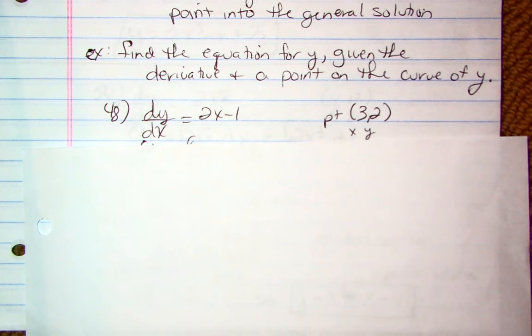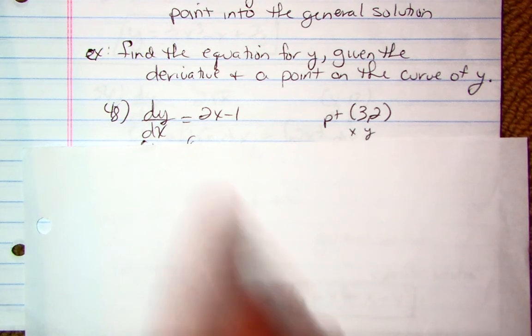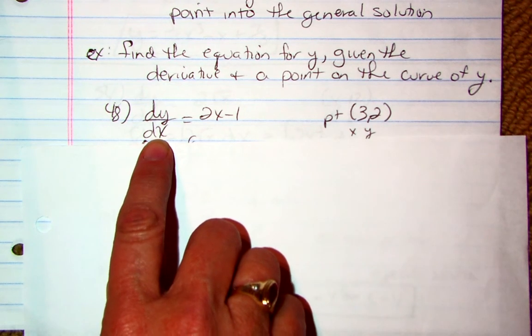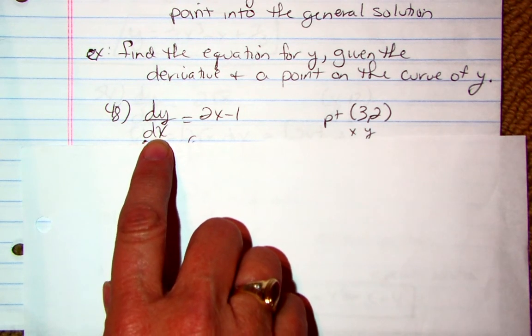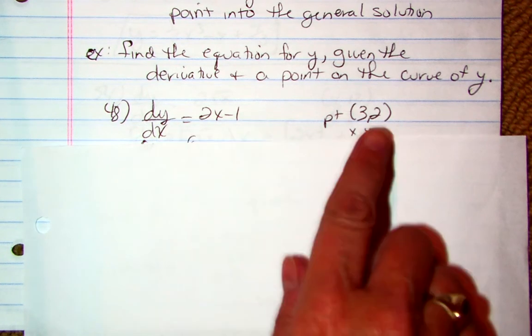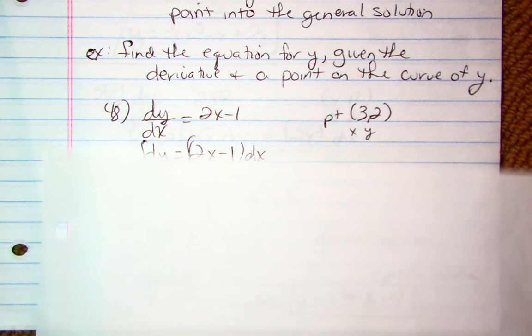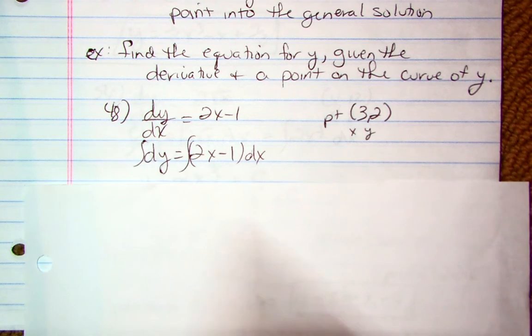So dy dx equals 2x minus 1 and the point (3, 2), which is on y. But this is not y. This is the first derivative of y. So I need to get back to y. I'm going to find a general solution with my constant of integration and then substitute in my point to get my specific solution. So let's go ahead and multiply both sides by dx, and I'm going to integrate both sides.